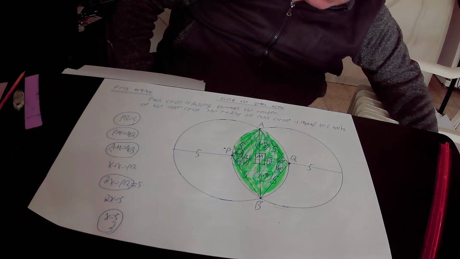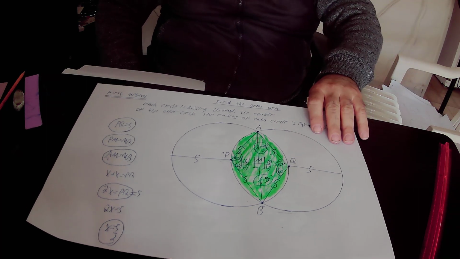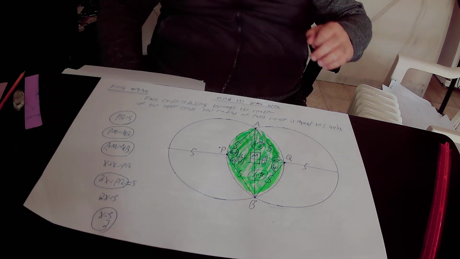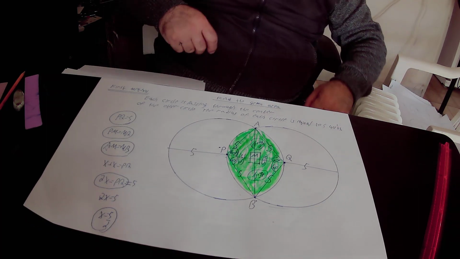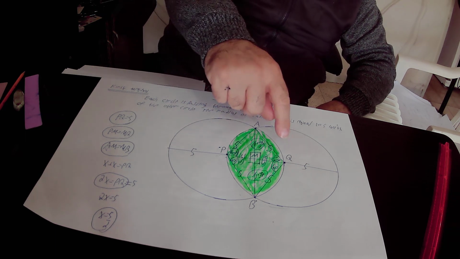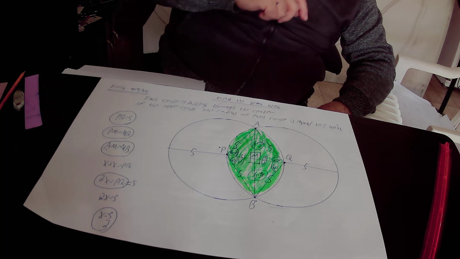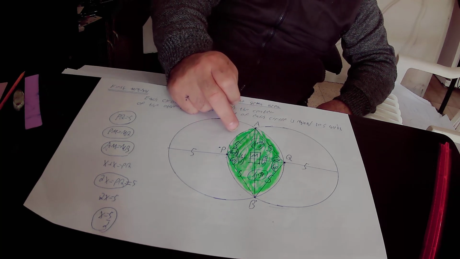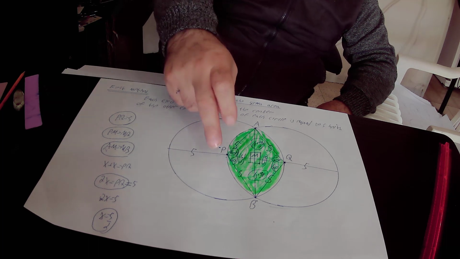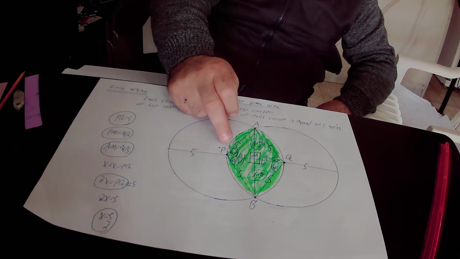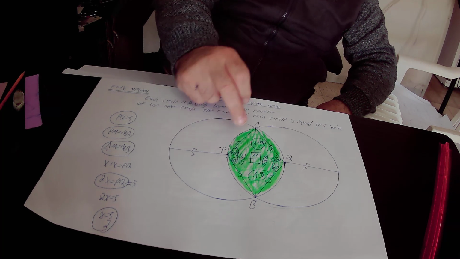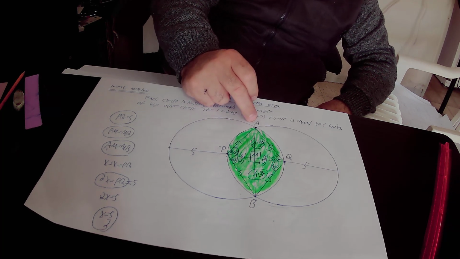Then we made the construction here. We joined points A and P, A and Q, P and Q, P and B by straight lines. AP is the radius of this circle because it starts from the center of the circle, that is to say from point P, and ends at point A, that is a point on the circle itself.